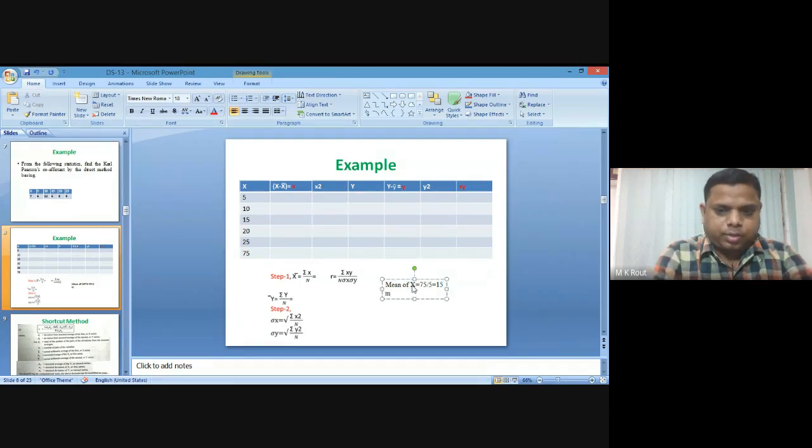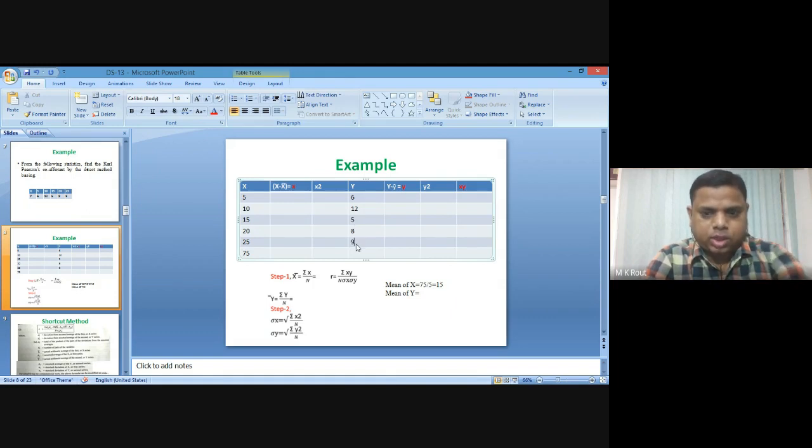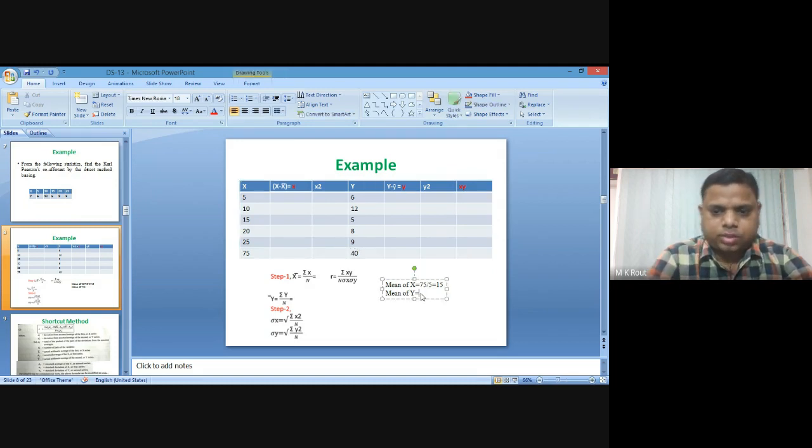And then the next one is the mean of y. If you calculate this, 6 plus 12 is 18, 18 plus 5 is 23, 23 plus 8 is 31, and 31 plus 9 equals 40. So y bar is 40 divided by 5, that equals 8.